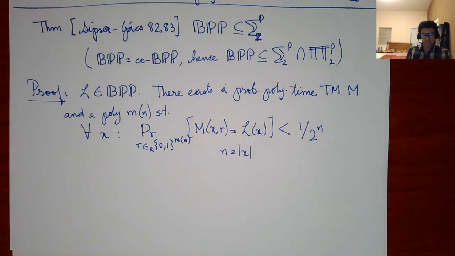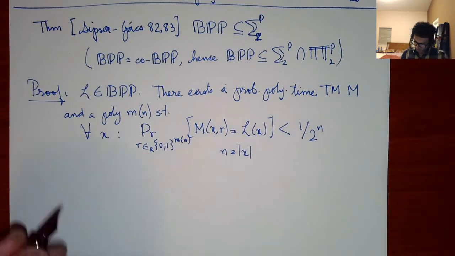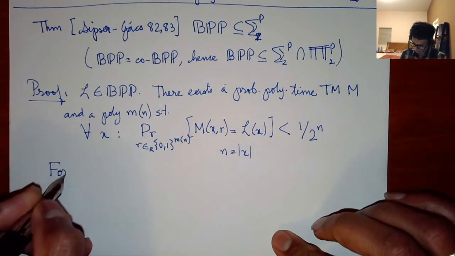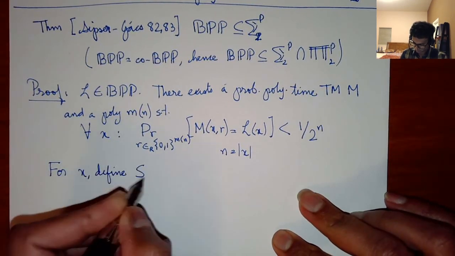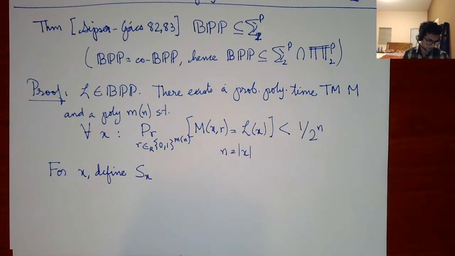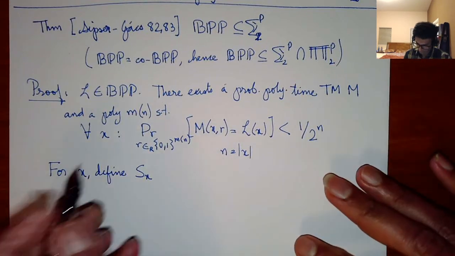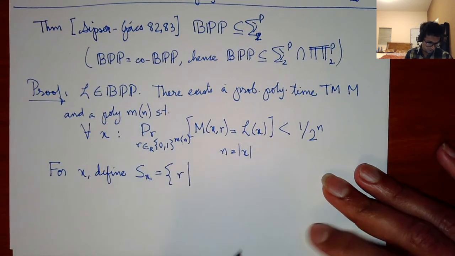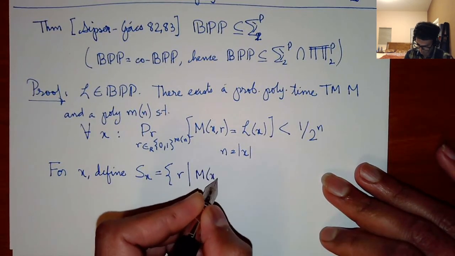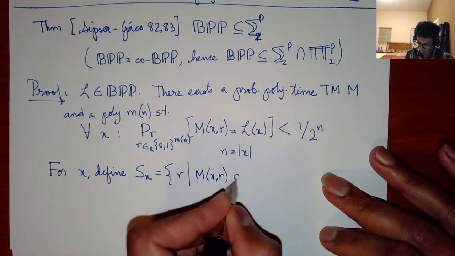And so again, the idea is to look at these bad sets and good sets. For x, define the set of good random seeds, which is essentially all R such that M(x,R) accepts.